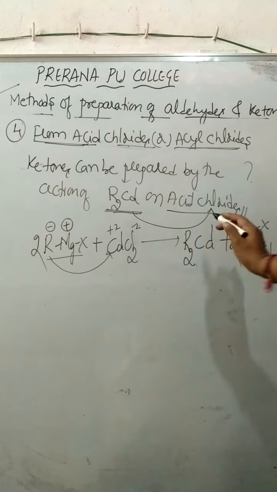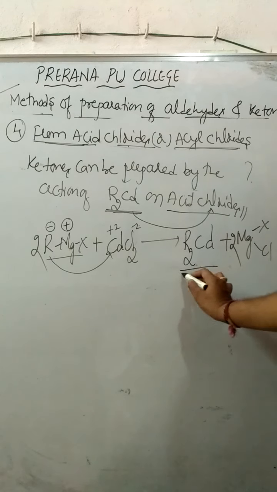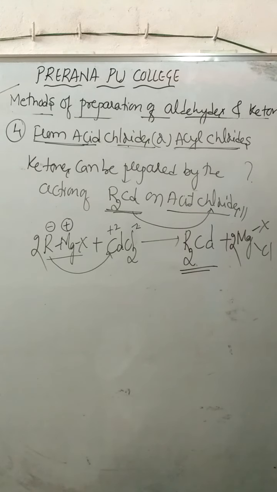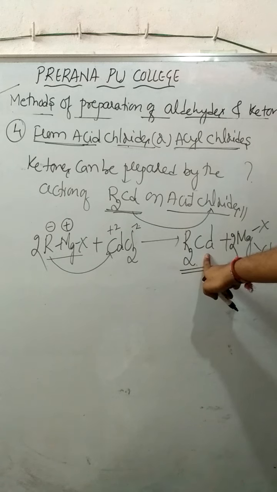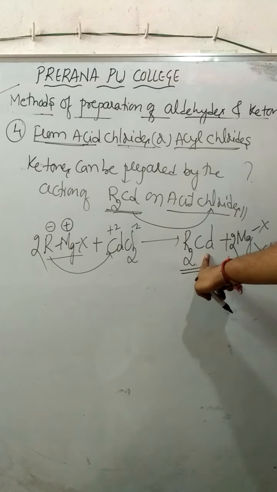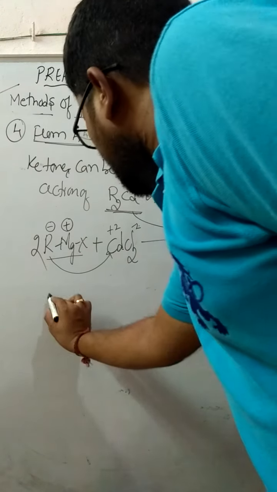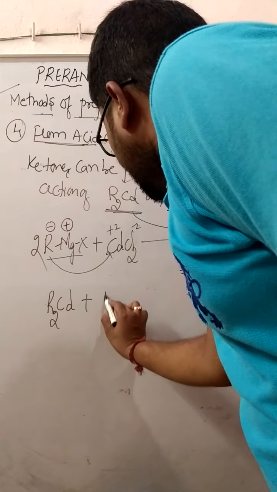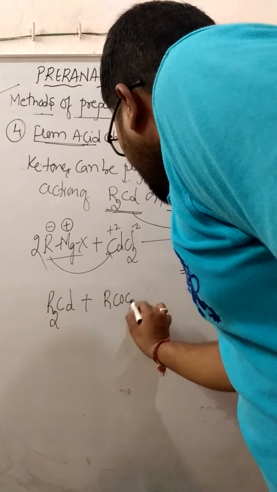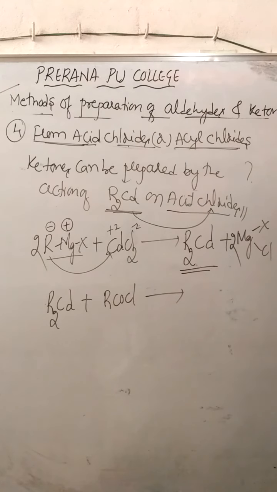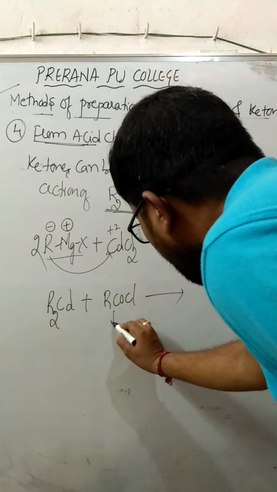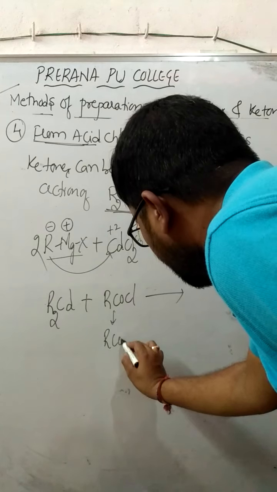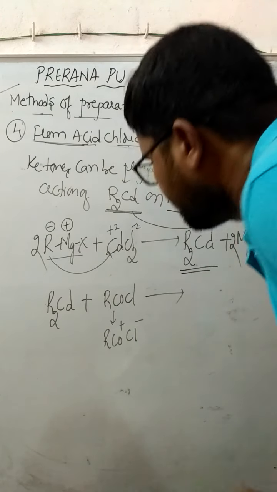After knowing this method of preparation of dialkyl cadmium, this dialkyl cadmium which is obtained reacts with acid chloride, so I can write dialkyl cadmium R2Cd upon reaction with acid chloride, that is RCOCl. We know that RCOCl ionizes as RCO plus and Cl minus.